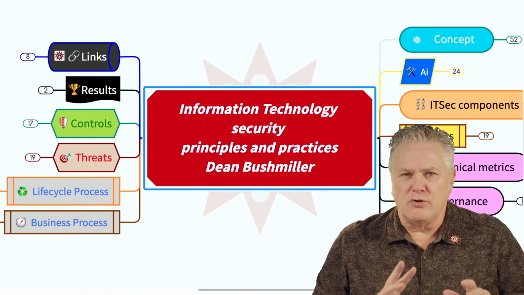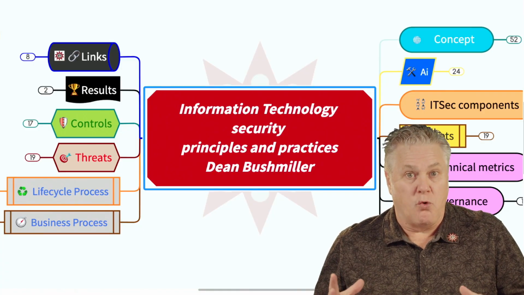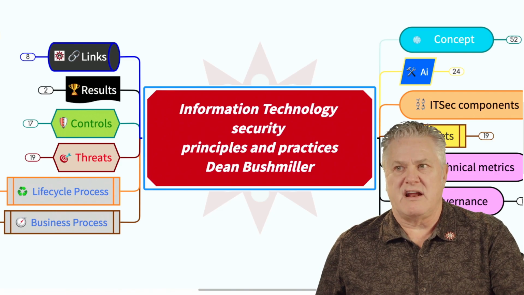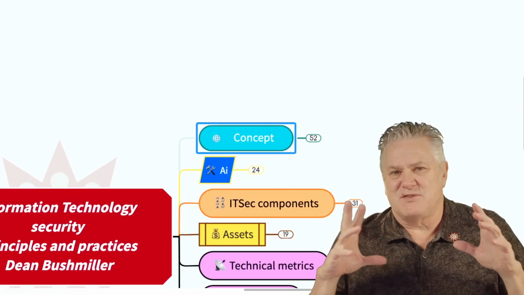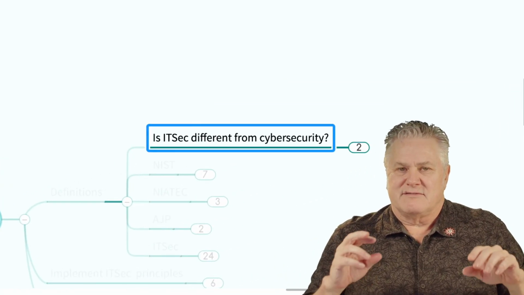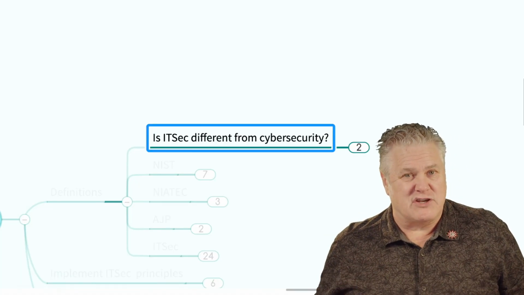When I went to look for information technology security, the words themselves, I really struggled with this in everything that I was doing. Quite frankly, the reason why is because there are some problems with the definitions. If you look in the definitions, what you want to know is: is ITSEC different from cybersecurity?